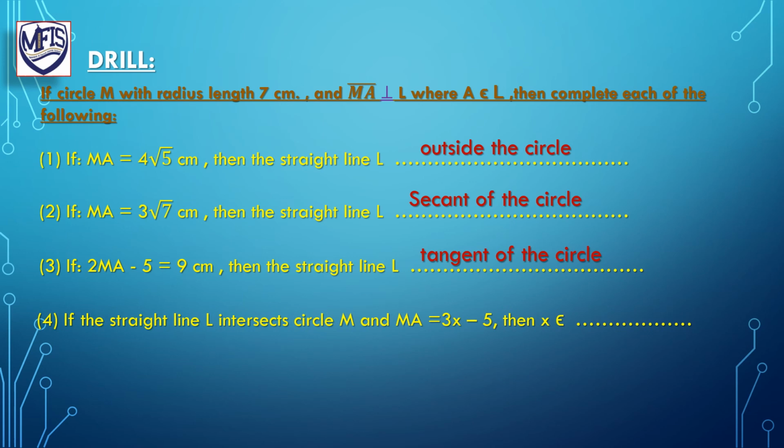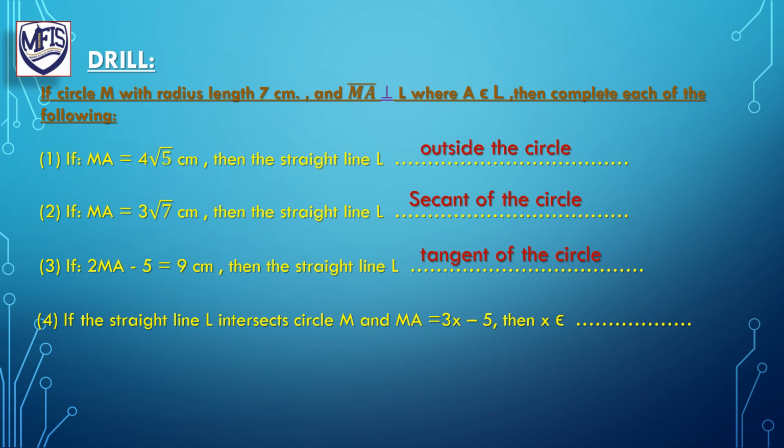Number 4, if the straight line L intersects circle M and MA equals 3x minus 5, then x belongs to. I said before, if the straight line L intersects circle M, that means this straight line is a secant, okay? So, MA belongs to interval from 0 to less than the radius.